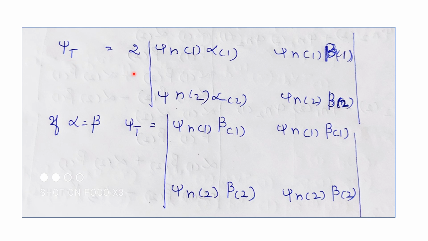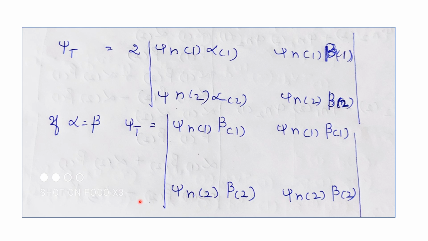Therefore, psi total is equal to 2 into determinant of psi n1 alpha 1, psi n1 beta 1, psi n2 alpha 2, psi n2 beta 2. If alpha is equal to beta, then psi total is equal to determinant of psi n1 beta 1, psi n1 beta 1, psi n2 beta 2, psi n2 beta 2.